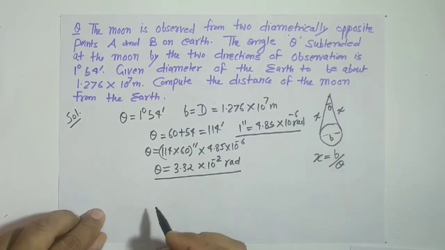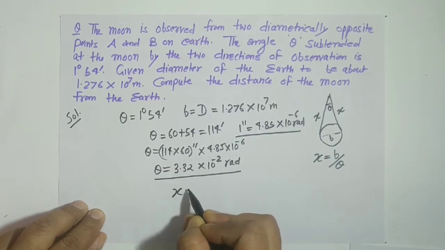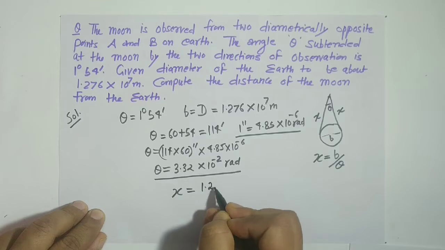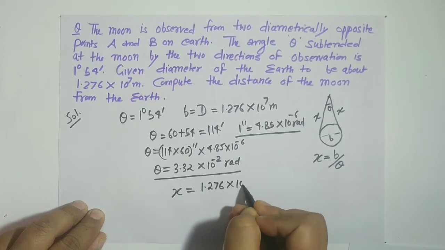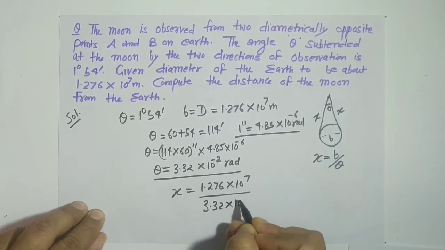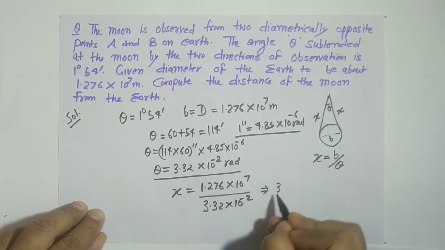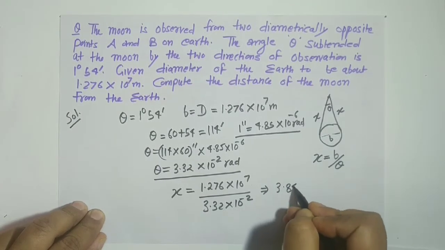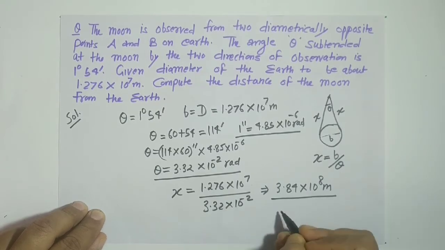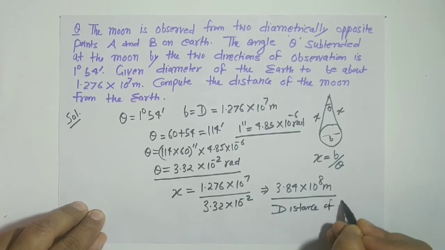So finally x, where B is the diameter 1.276 into 10 to the power 7, upon theta 3.32 into 10 to the power minus 2. If you calculate it by dividing, it comes to about 3.84 into 10 to the power 8 meter. So this is the distance of the moon from the earth.